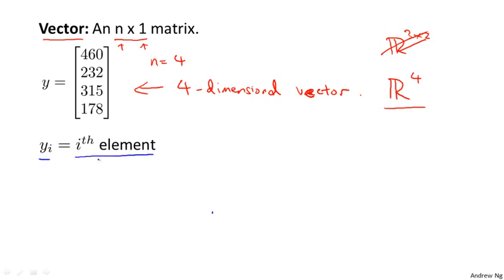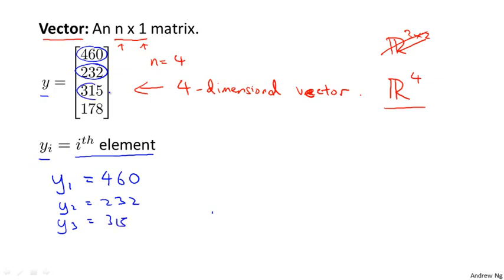So if y is this vector, y subscript i is the ith element. So y1 is the first element, equal to 460. y2 is the second element, 232. y3 is equal to 315, and so on. And only y1 through y4 are defined because this is a 4-dimensional vector.